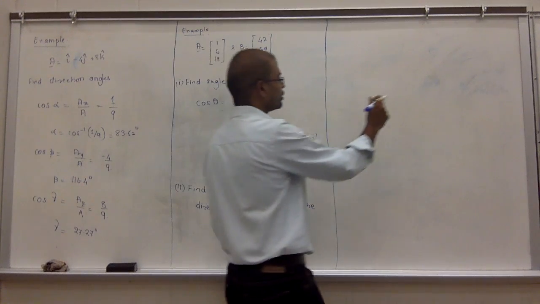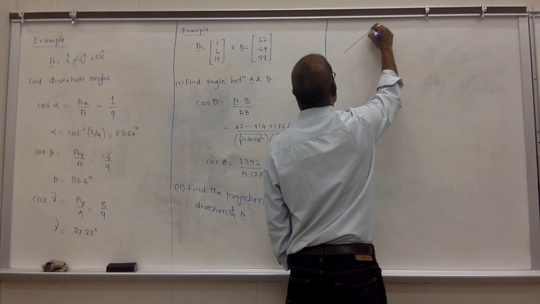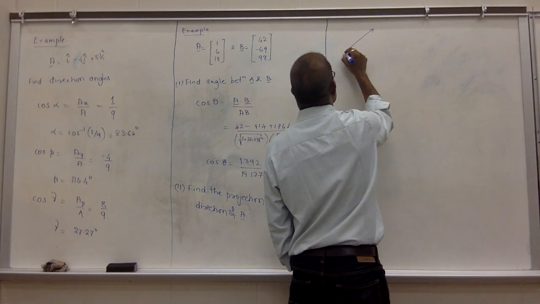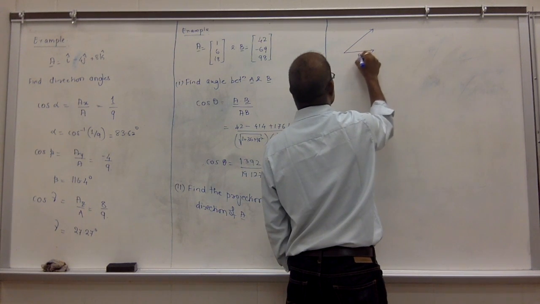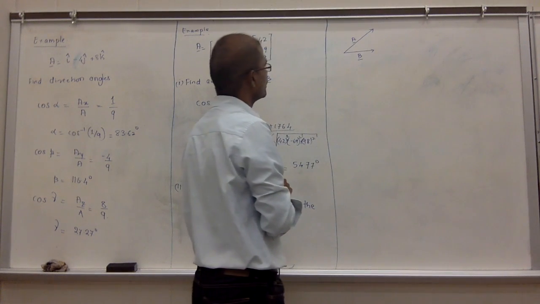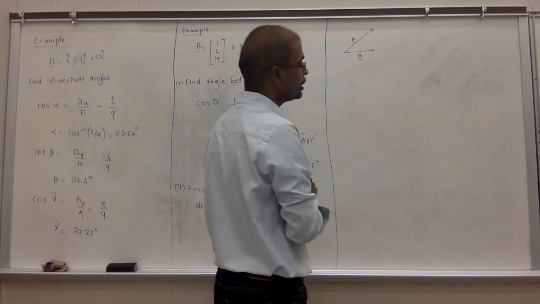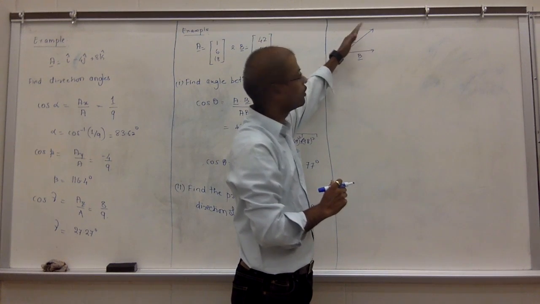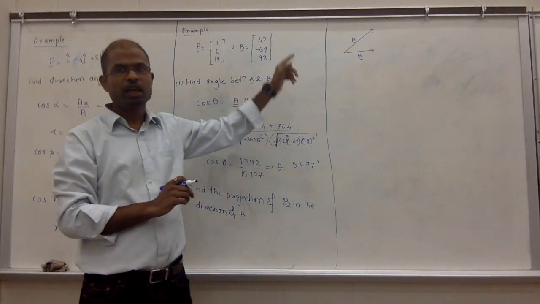So if you had B over here, you have A, and this is B, and this is A. Projection of B in the direction of A means you project B onto A. In that case, you make A the unit vector.